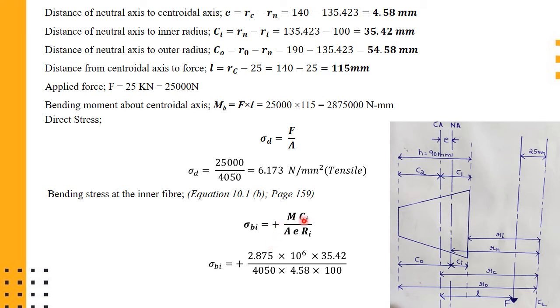So sigma Bi, you can substitute all the values: bending moment, distance to the inner fiber with respect to neutral axis, area, eccentricity and the radius of the inner fiber. This is positive because the inner surface will be elongated due to the load, so this will be the value for the bending stress at the inner fiber and it will be tensile in nature.